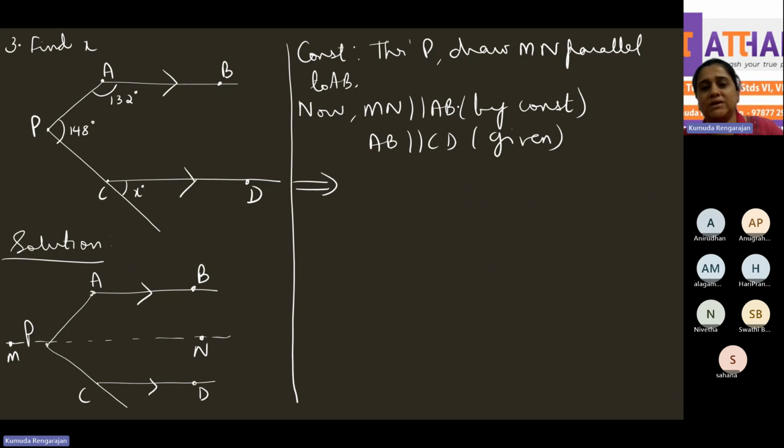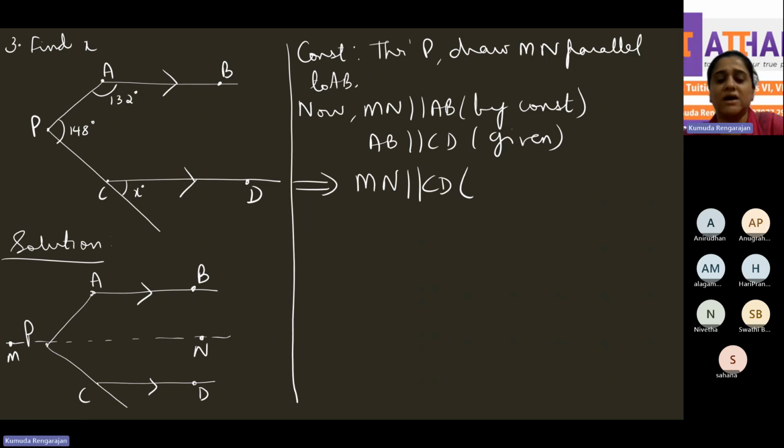MN is parallel to AB, CD is also parallel to AB. So they are parallel to one another. This implies MN is parallel to CD. What's the theorem, Hari? Two lines.